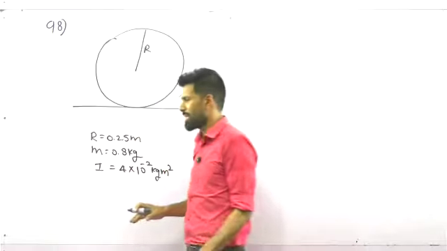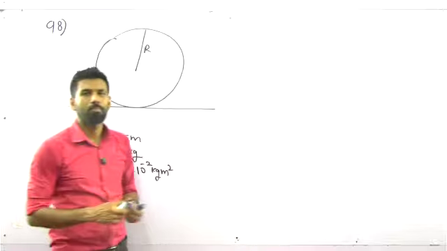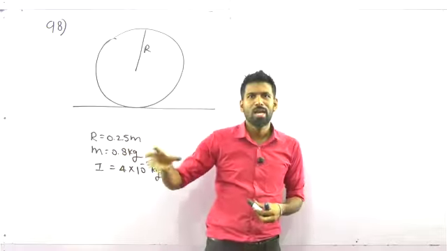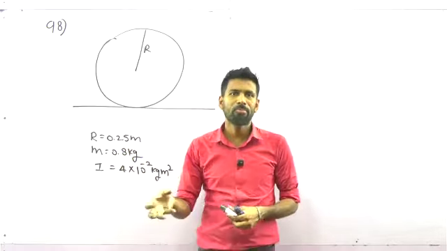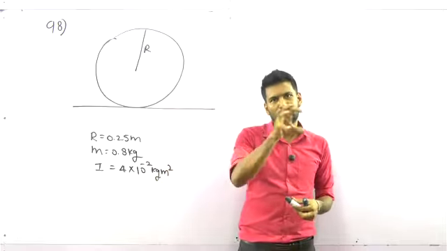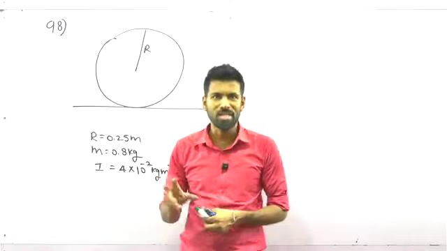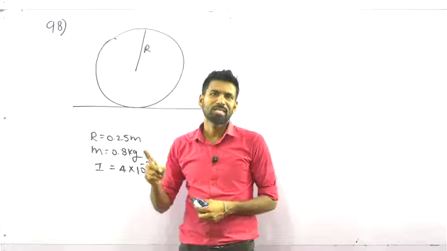Now you will ask me, sir, in each and every question, do we need to draw the rotational velocities separately and the linear velocities separately and add them and draw the final diagram? Do we need to do that, or can we use the velocities at once? Remember, you can use the velocities at once.